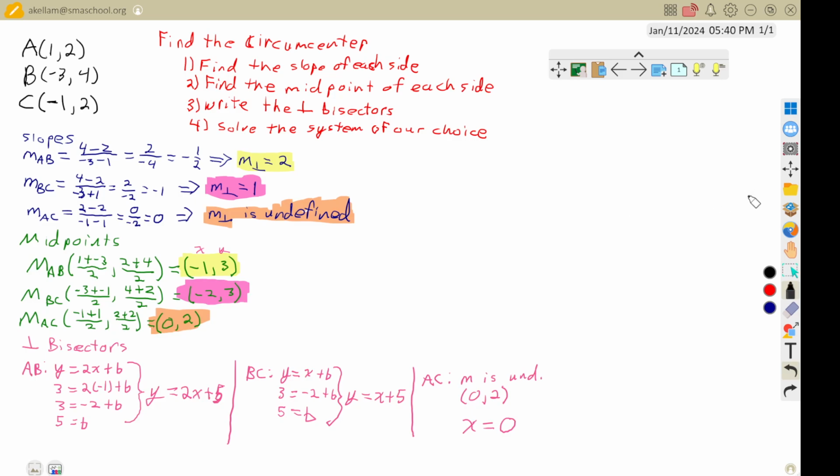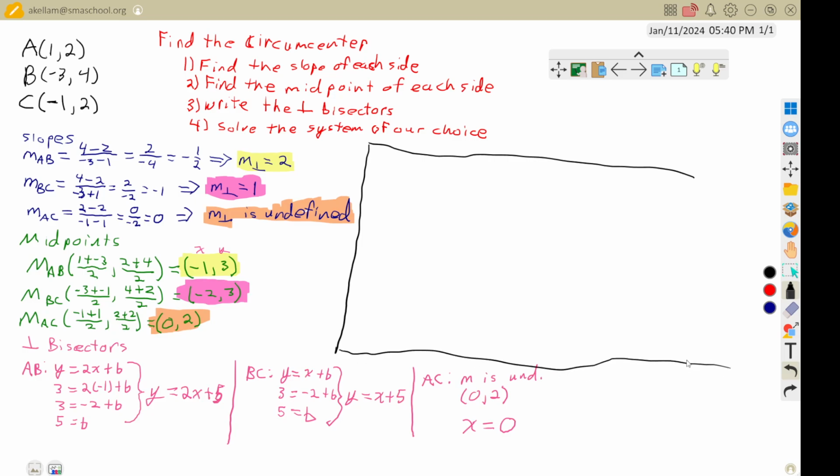Okay. So now we get to make a choice. I want to solve a system of equations. Now, I can solve one of three systems. We can either put these two together, so y equals 2x plus 5 and y equals x plus 5.